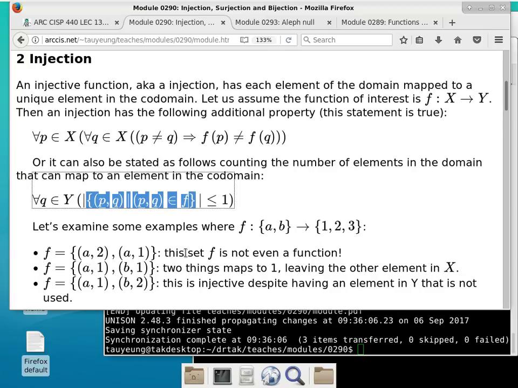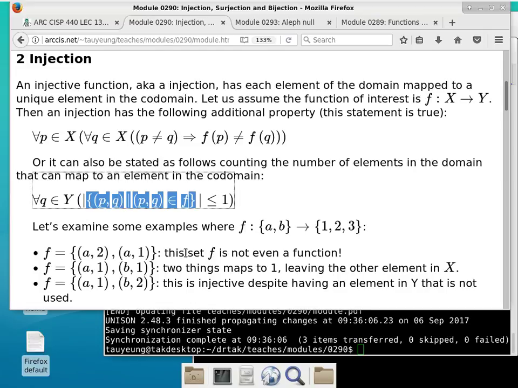When Q is bound to 1, this is false already. Okay, fine. But what if Q is bound to 2? When Q is bound to 2, because 2 is an element of the codomain, right? Then we're asking, what in F ends with 2 in a 2 tuple? Nothing, right? Then you have an empty set.